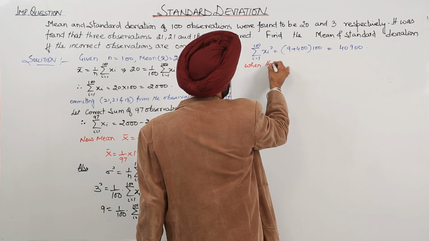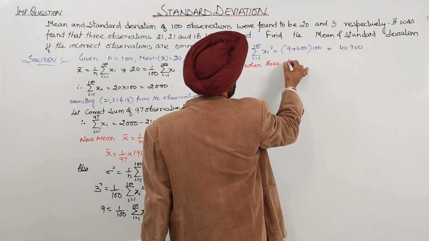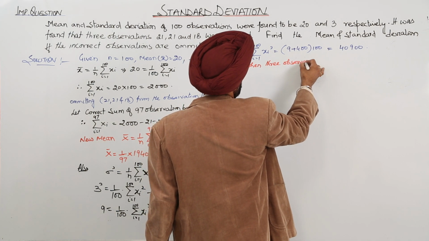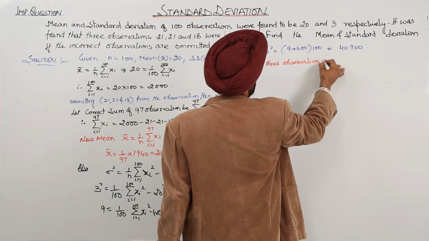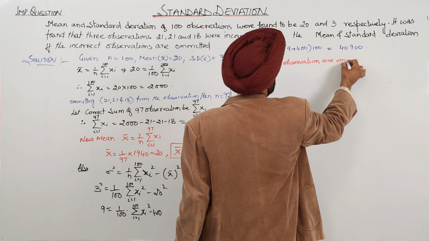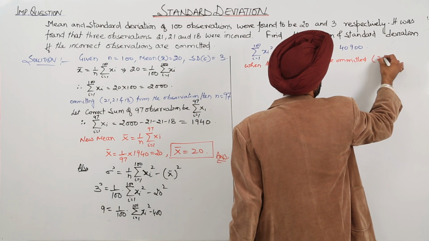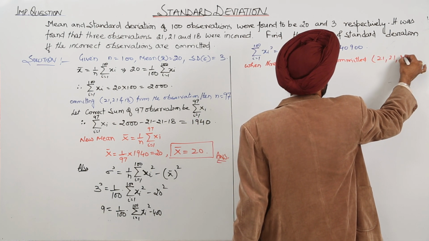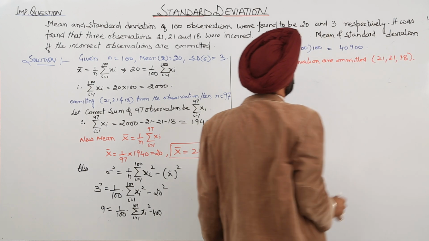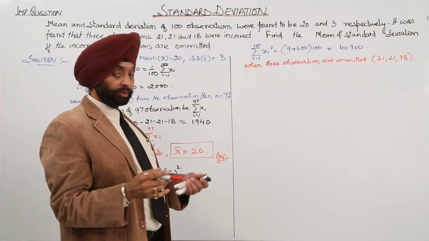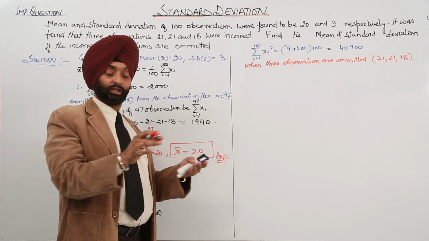Okay, now when 3 observations are omitted, and which are they? 21, 21 and 18. Now what will be the sum of the squares of the correct observations?